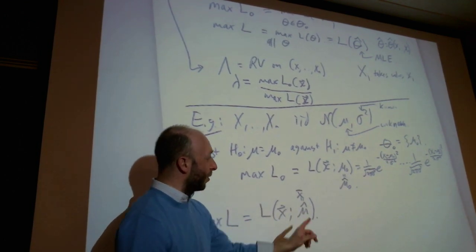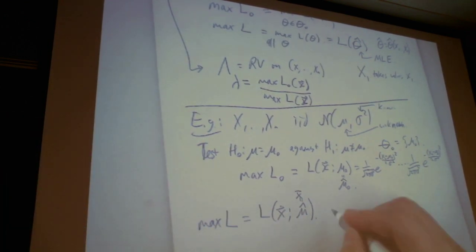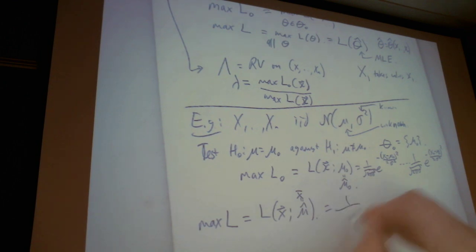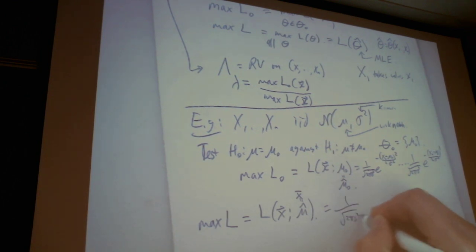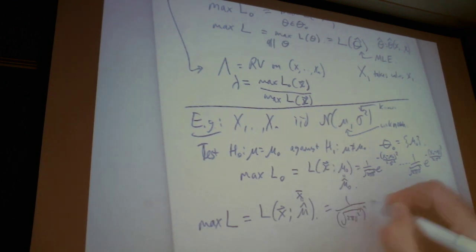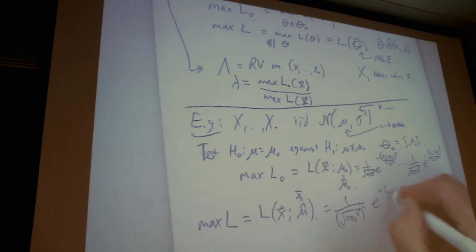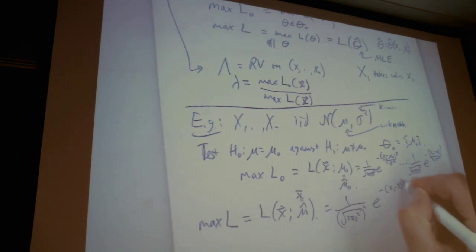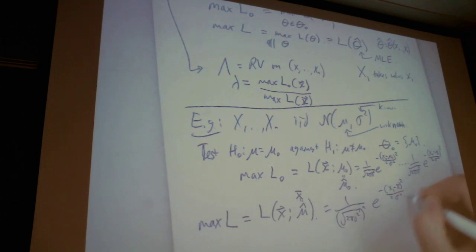So this will be the likelihood with respect to X bar. It's the same thing, this product, 1 over root 2 pi sigma squared, there'll be n of them, and then e to the minus x1 minus x bar squared over 2 sigma squared. Well, it's a sum, but let me write it like this, so I don't do too many steps at once.